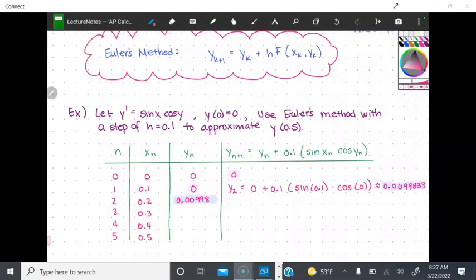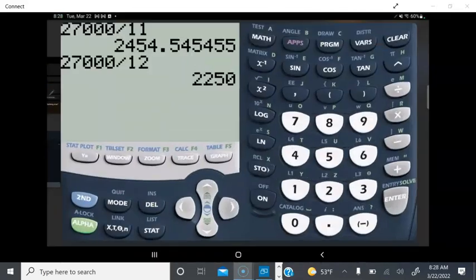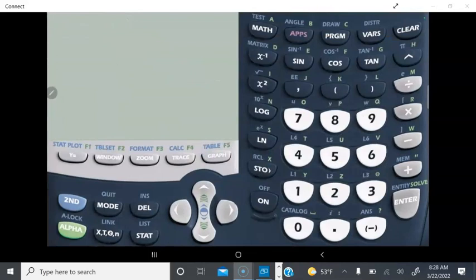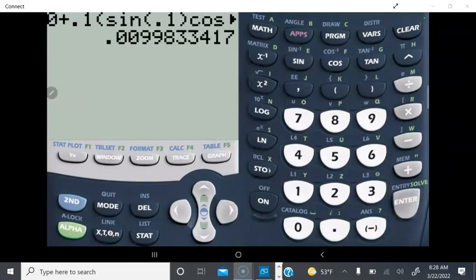So let me go ahead and pull up my calculator here. So we had 0 plus 0.1, hopefully I'm in radian, I forgot to check, times sine of 0.1, cosine of 0, and we got this. So that's my answer, and that's what I want to use for the new value of y.